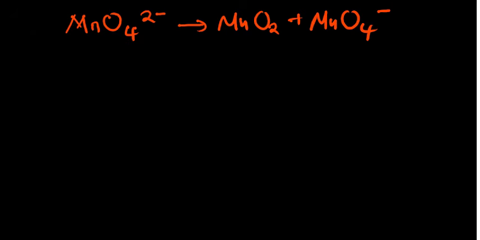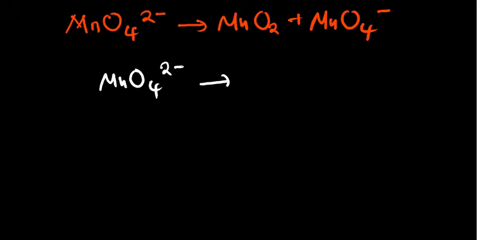Okay, as usual, our first step is to split the reaction into its half reactions. We only have a single reactant, so we have to relate it to both products. I'll first of all write the half reactions. We have MnO4 2 minus.